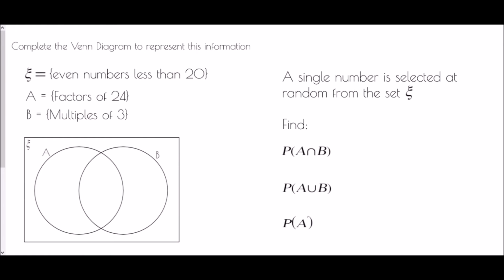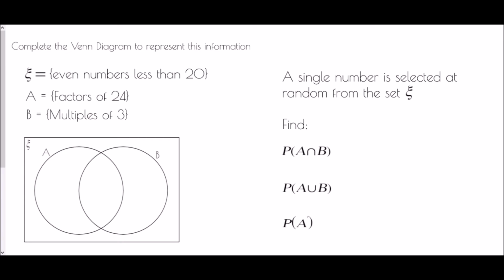Okay, so let's put those two bits of information together. Let's create a Venn diagram, but then also start looking for some probabilities by looking at the areas within the Venn diagram. So in this case, we have our universal set being the even numbers less than 20. And just like we did before, what I want to start by doing is just writing down what numbers they would actually be.